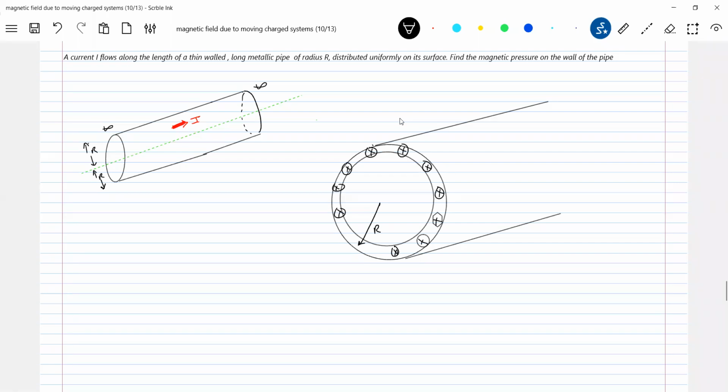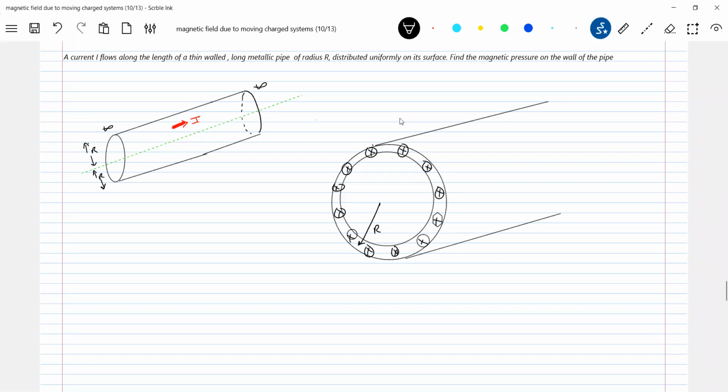I can directly write the formula B squared by 2 mu naught and manage from there. But when you go for application problems, you should know how that force will act. I can link this with elasticity. Some stress will be there, then due to that deformation we can introduce many other mixed concepts. Therefore, I prefer the force method rather than directly writing the formula.